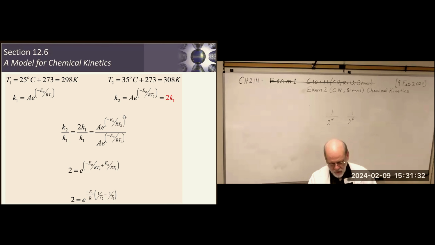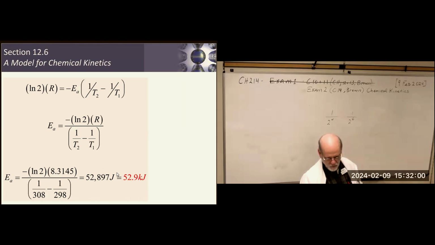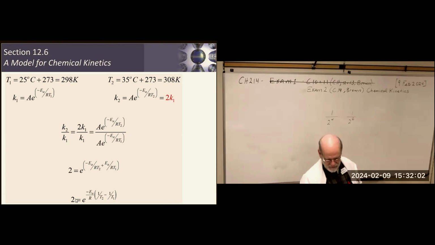And then we ratio their equivalents in the Arrhenius equation. Now what I've done is just reduce everything. The A's cancel. And then e to a power divided by e to another power is the same as e to the numerator minus the denominator. And that's where that next-to-the-last one came from. And then we combine terms and go to the next. So what we've got here is 2 equals e to that monstrosity.